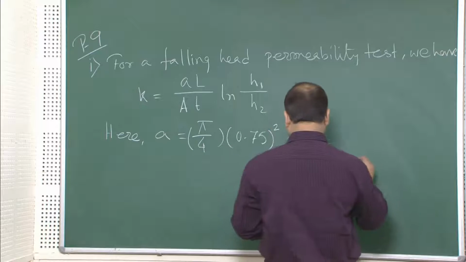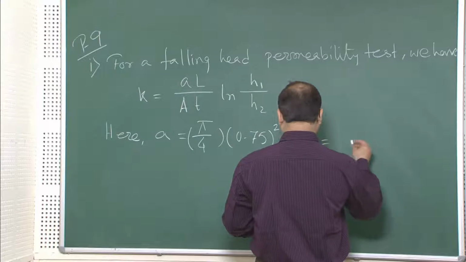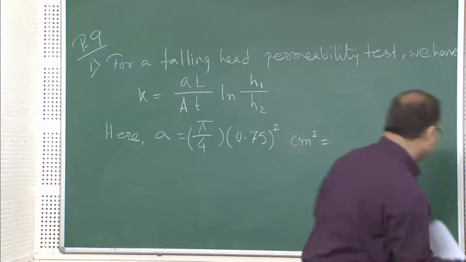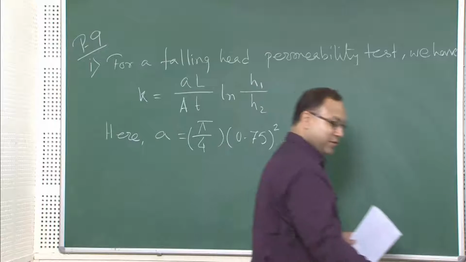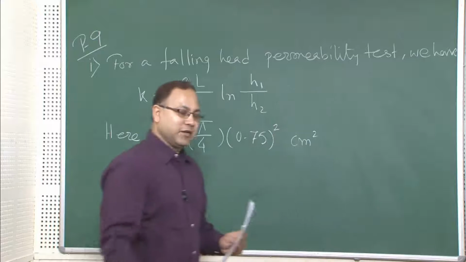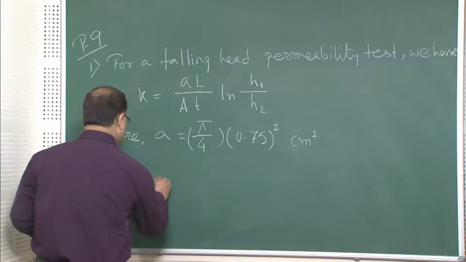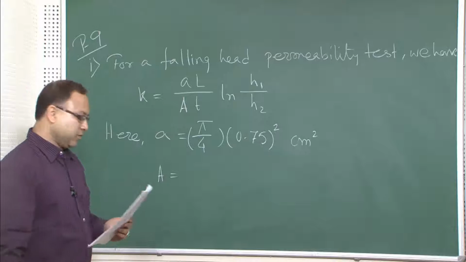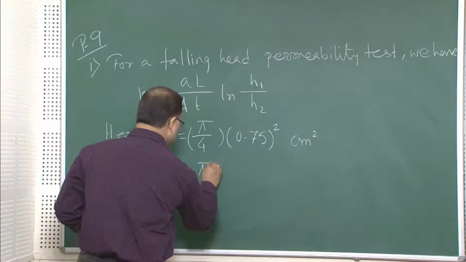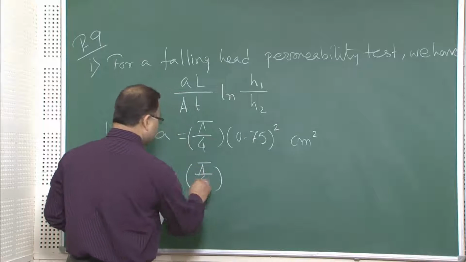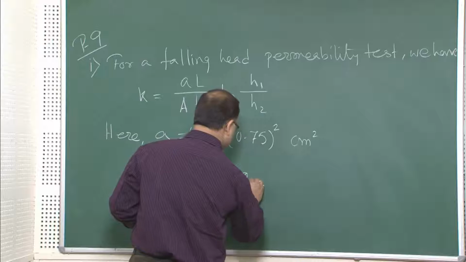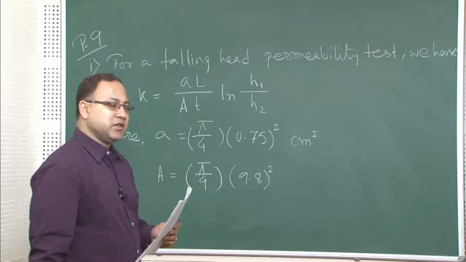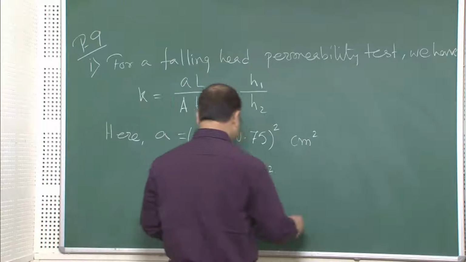I will keep that as it is, because I do not need to calculate this, you will see why. Capital A, the cross sectional area of the soil specimen, comes as pi by 4 into 9.8 whole square, where 9.8 centimeter is the diameter of the soil specimen.